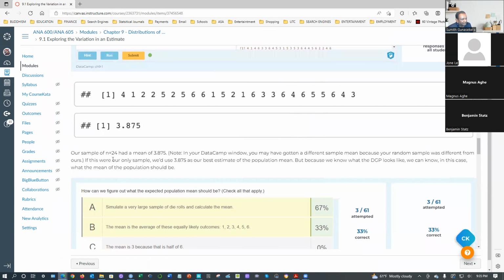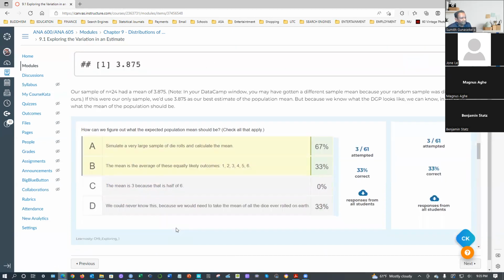Our sample is 24 and the mean of this one. In your DataCamp, you might have gotten a different sample mean because your random sample is different from ours. If this were our only sample, we would use 3.875 as our best estimate of the population mean. But because we know what the DGP looks like, we can know in this case what the mean of the population should be.